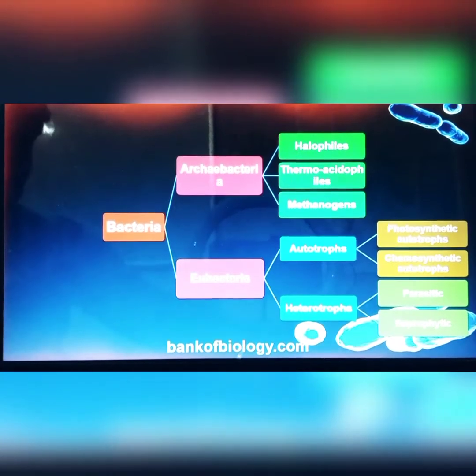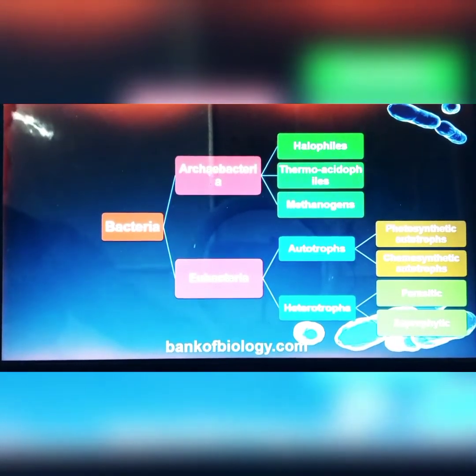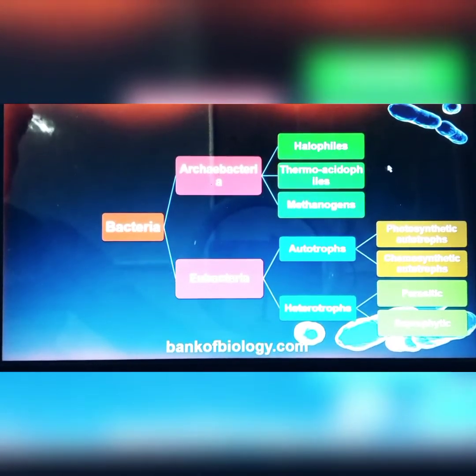On this basis, we can classify bacteria into mainly two parts. First one is the Archaebacteria, and next one is the Eubacteria. Archaebacteria are the primitive types of bacteria, found when the earth was formed. These are the halophiles, the thermoacidophiles, and the methanogens.